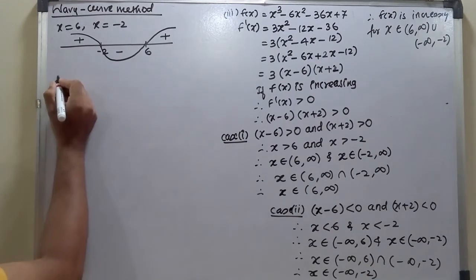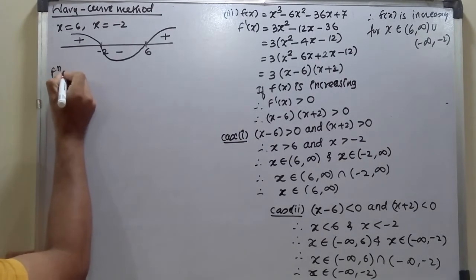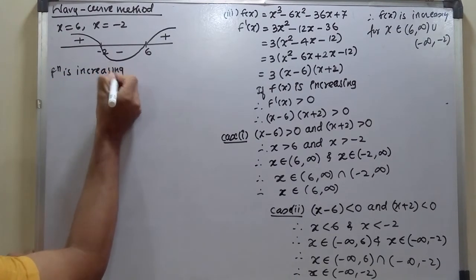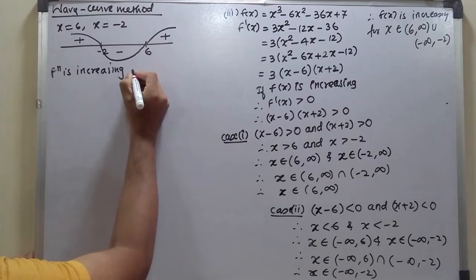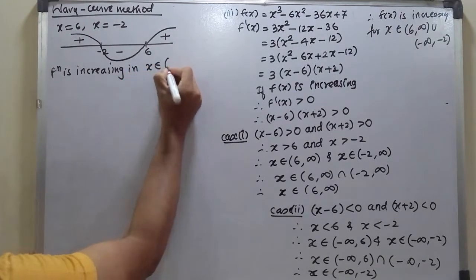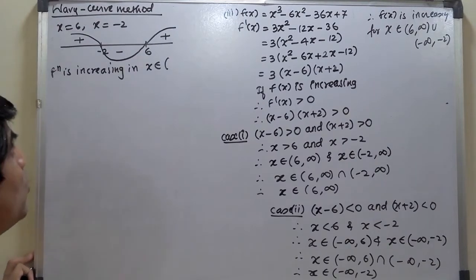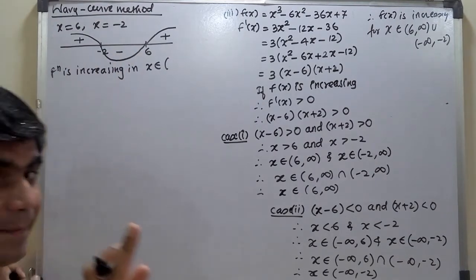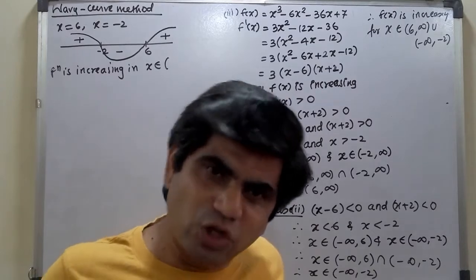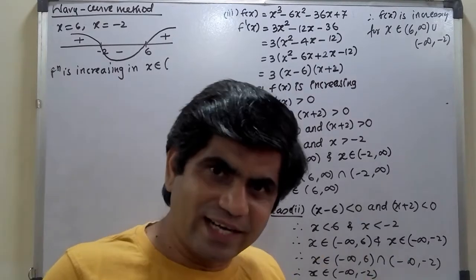That means I can say the function is increasing. It is increasing in x belonging to 6 not included. That will not be included because it is equal to 0. Remember, if it is equal to 0, it is not included, either for greater or for smaller. So you have to get it greater than 0.